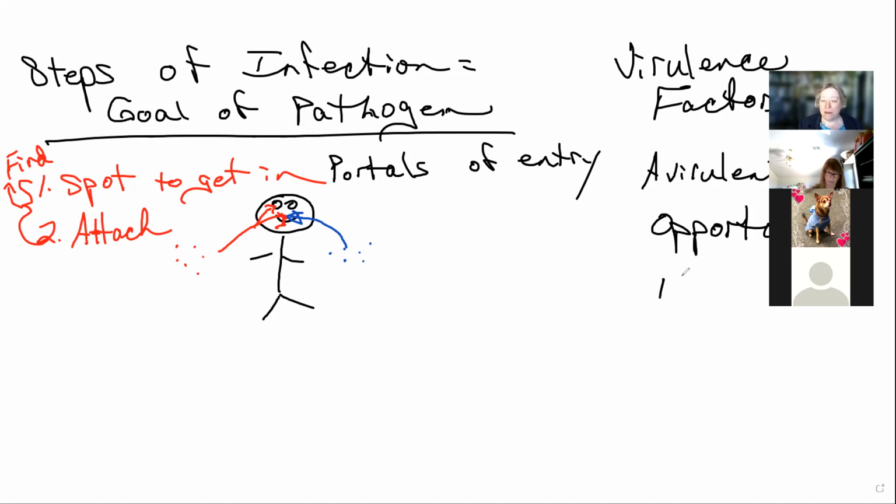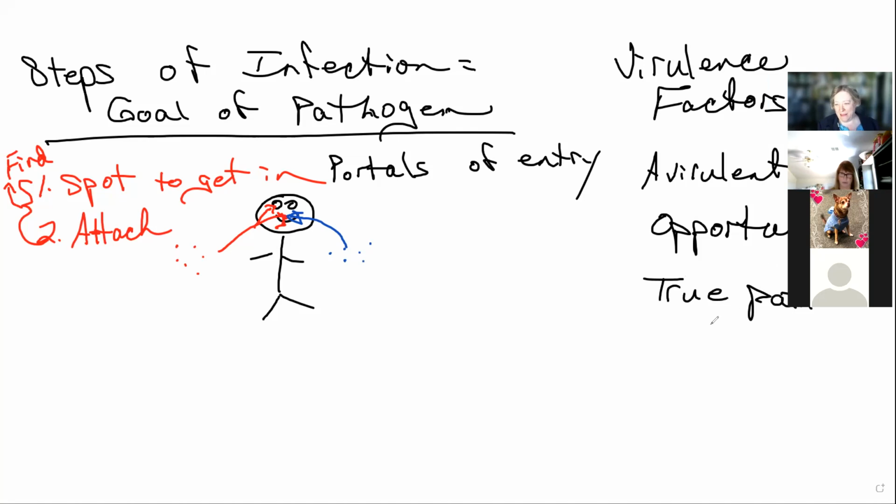And then you have true pathogens, and they tend to cause severe disease, and they're generally the ones that we're most worried about. Like I said, this is an oversimplification, and we'll talk about the various virulence factors and whether they contribute to avirulent, opportunistic, or true pathogens as we go along.